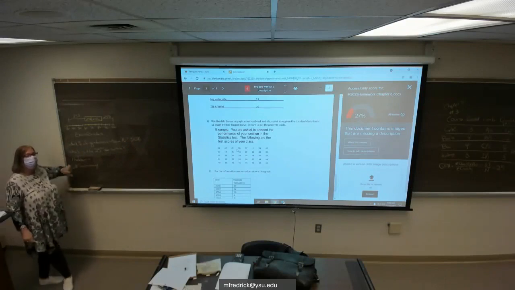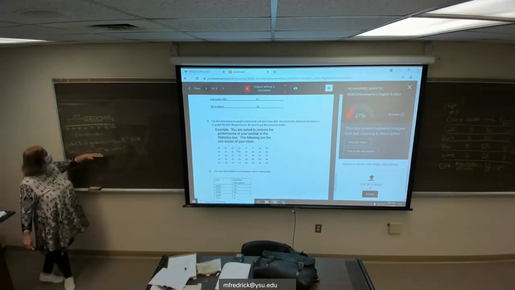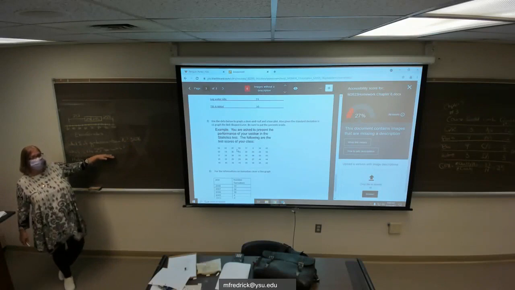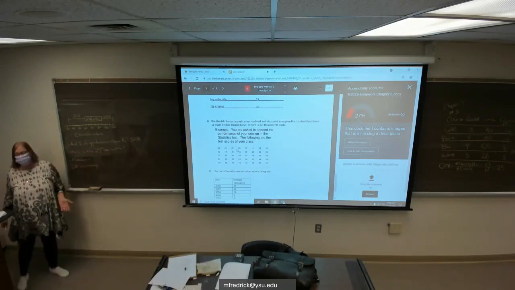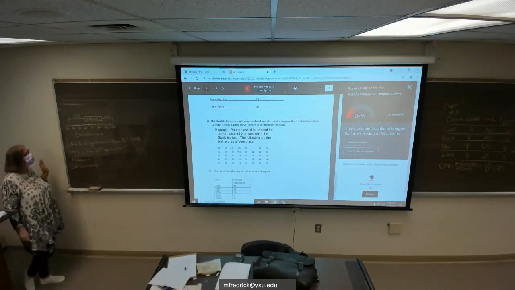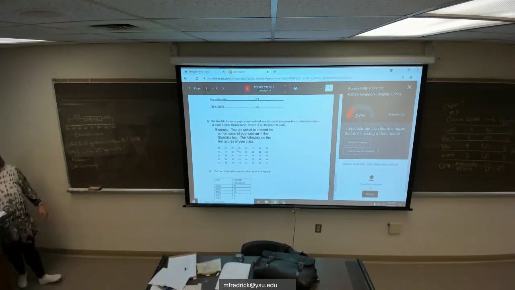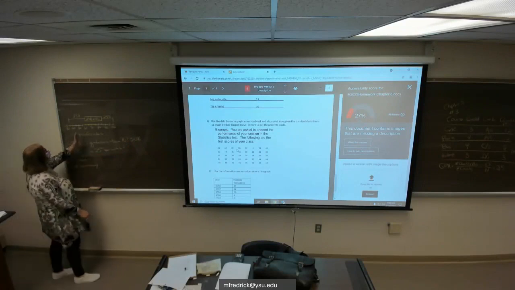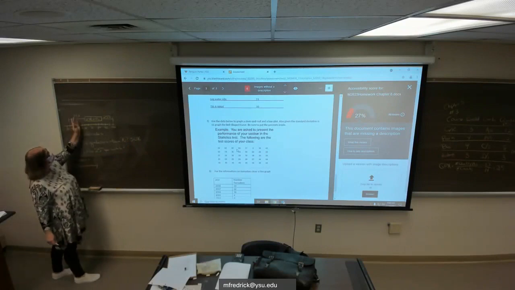Percentiles tell you the percent below. So the 25th percentile means 25% of the data was below that grade. What grade has 25% of the data below it? Here, 25 below, 75 above.